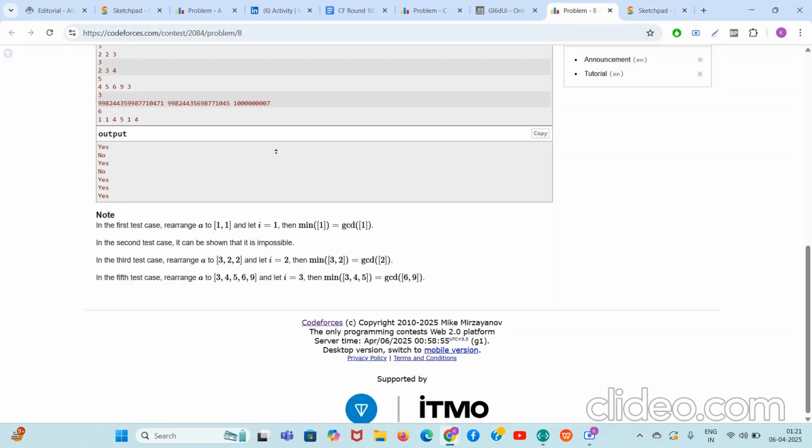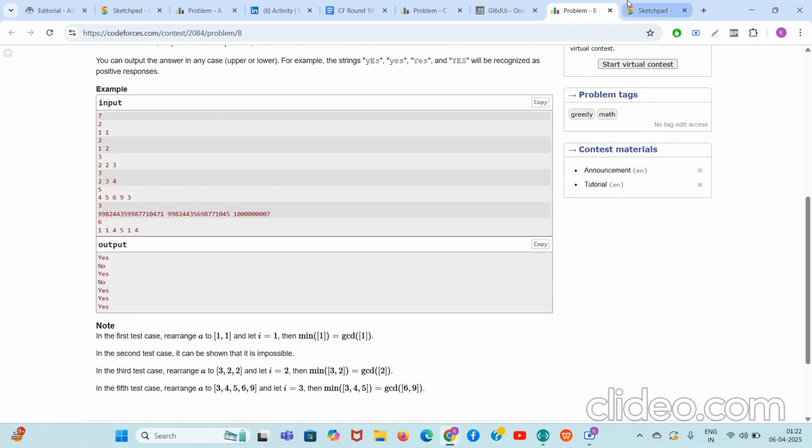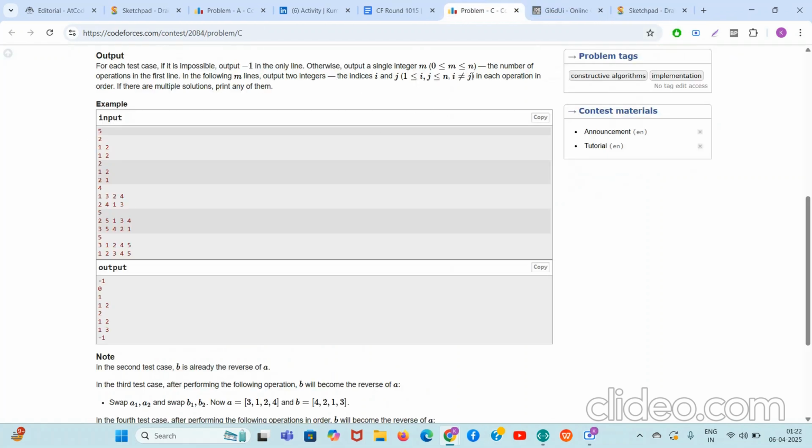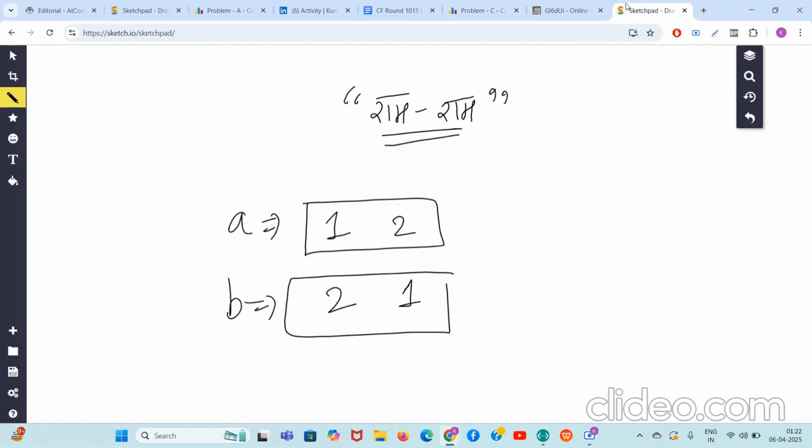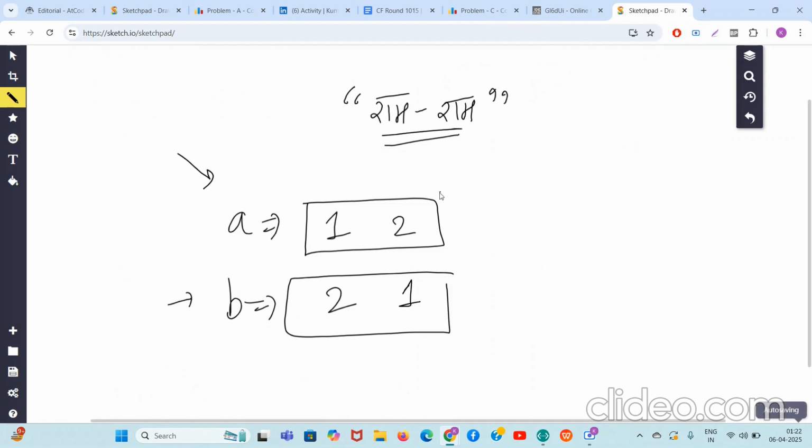In problem C, they are saying this is the first array given to you, this is the second array given to you, also a permutation of size n equal to 2.